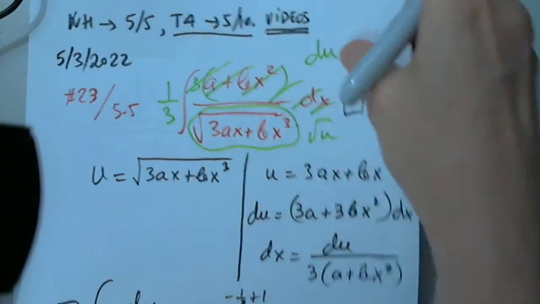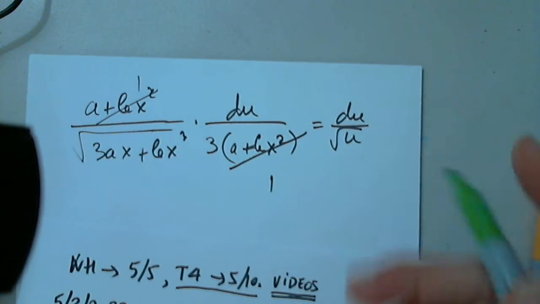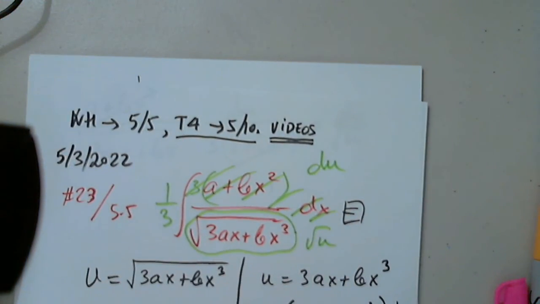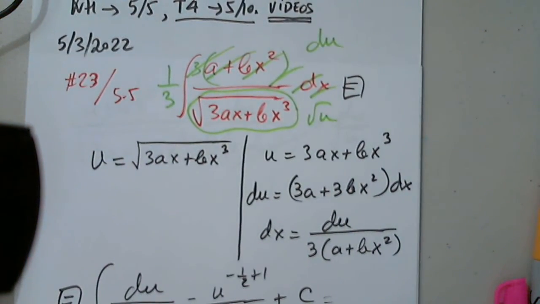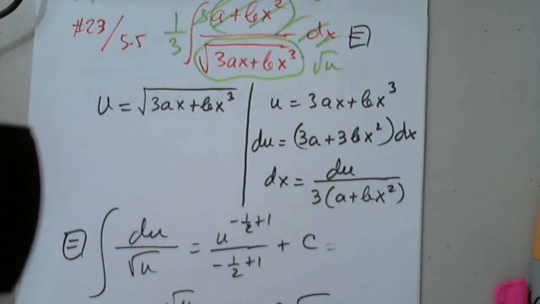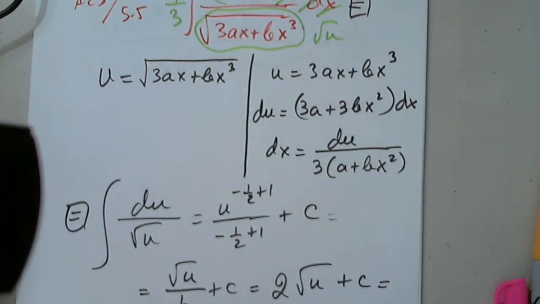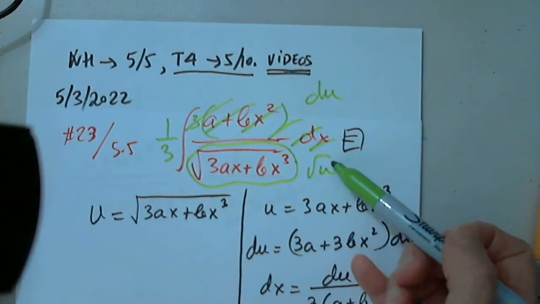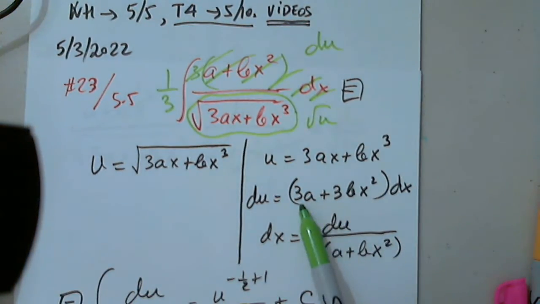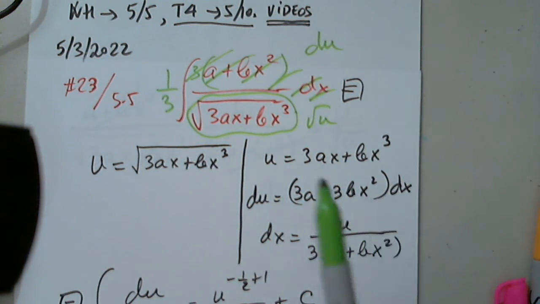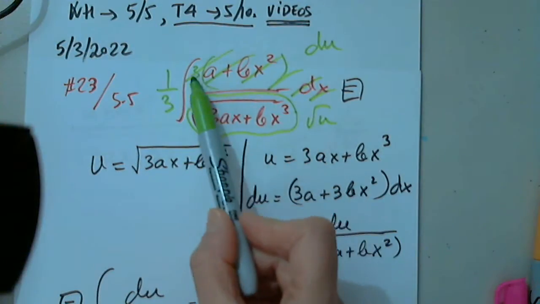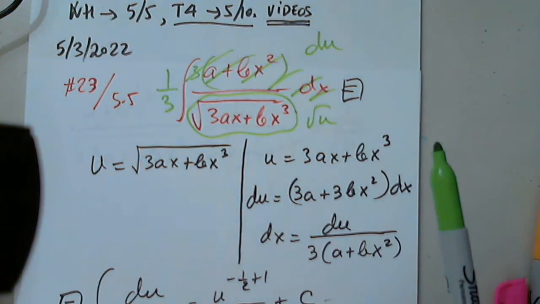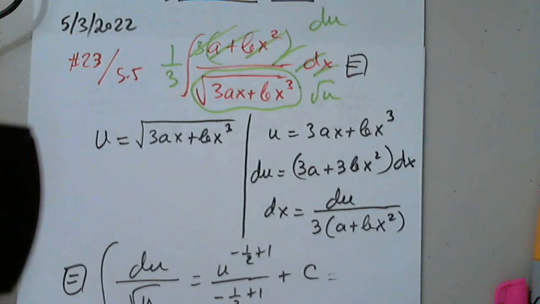And I would not have needed to do all this. But again, if that method works for you, it works for me. So that's exactly what I have. So that 3a plus 3bx^2 is this. Okay, and then du, and then the square root of u.